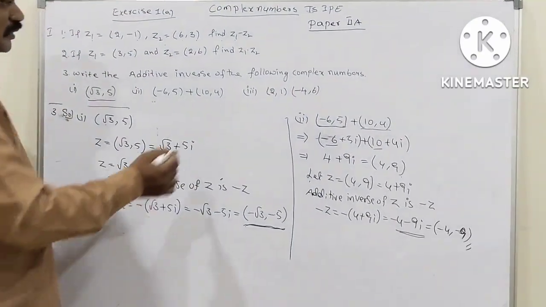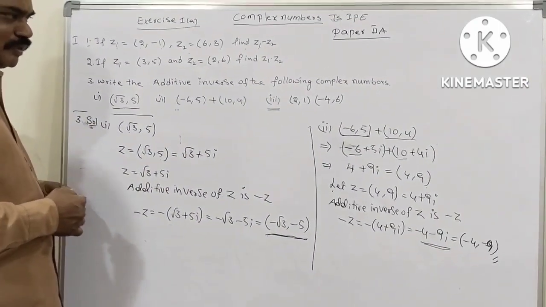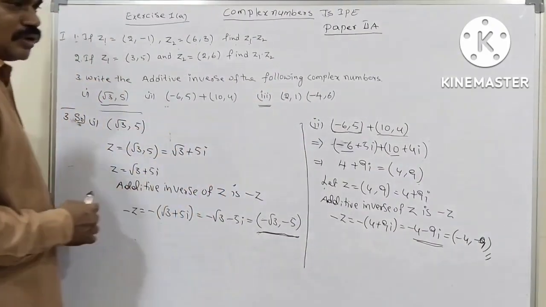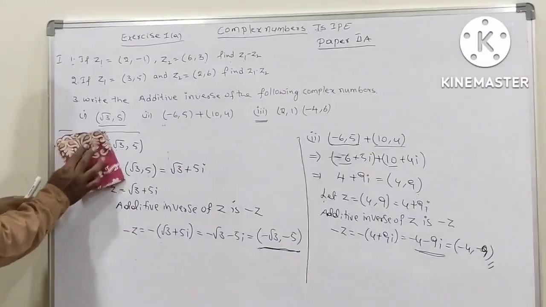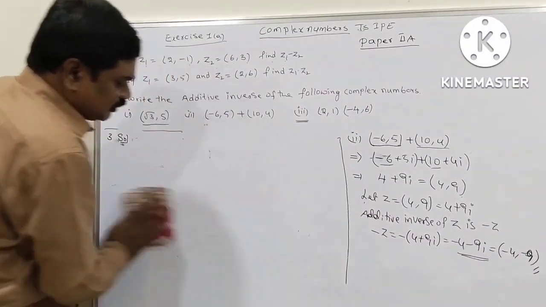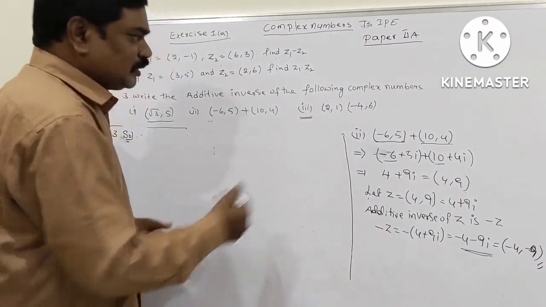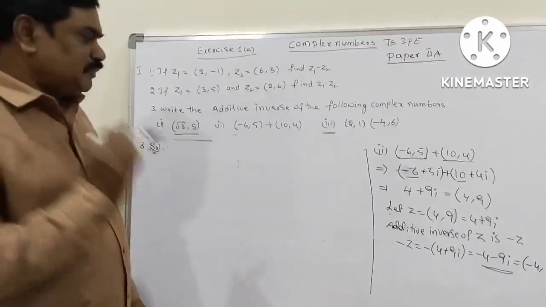Okay, we go for the third problem. Here the third problem is given (2, 1) into (minus 4, 6). Two complex numbers multiplication. First we have to multiply these two complex numbers, then after that write the additive inverse.